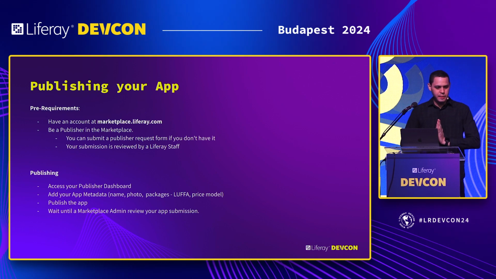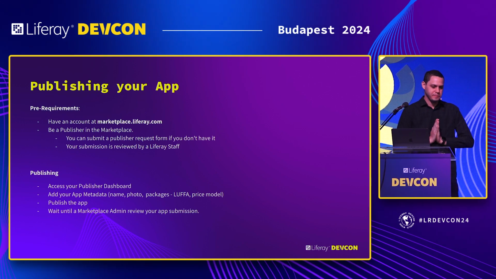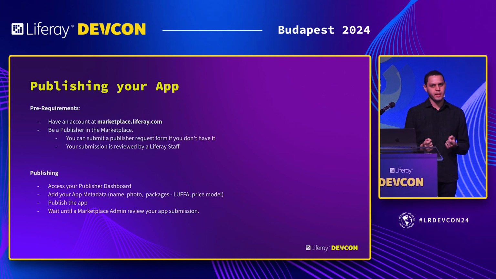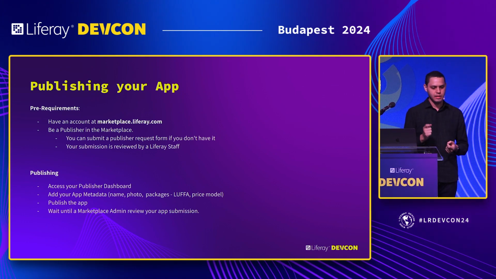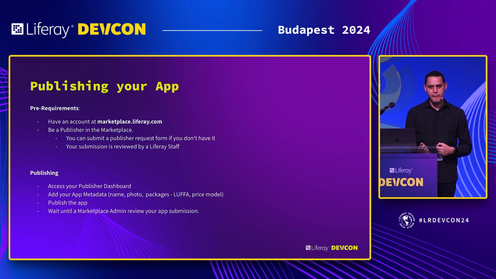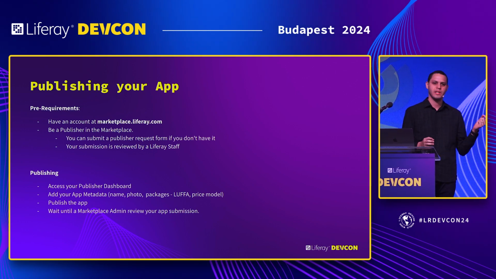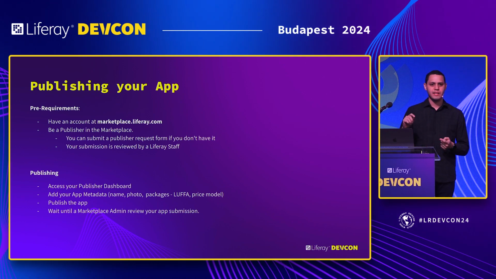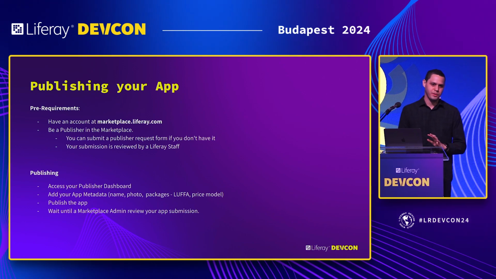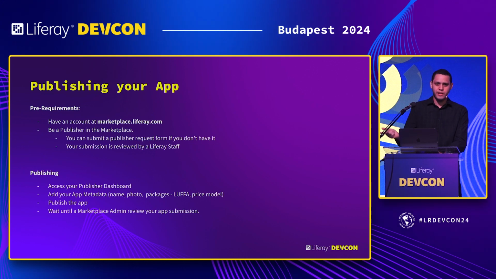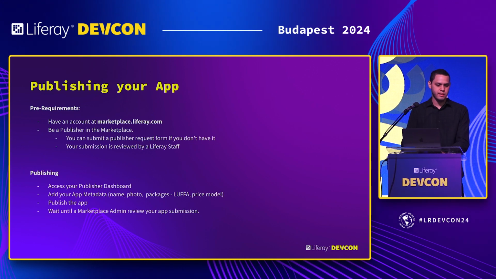So, publishing your app. If you want to publish the application, there are some prerequisites for you to fulfill. The first thing is you have to have an account on Marketplace. And having an account on Marketplace is pretty simple. You just need to go to Marketplace, sign in, and that's it. Maybe you need to create an account on Okta, but that's a very simple step.